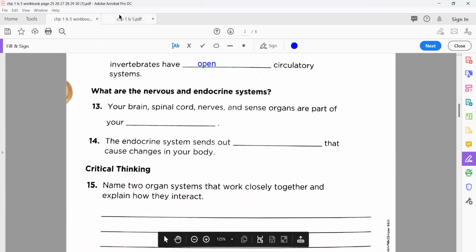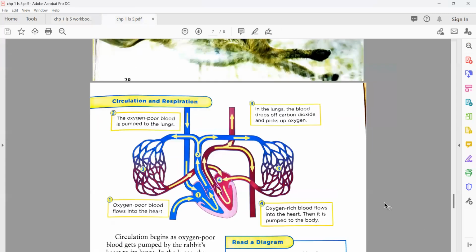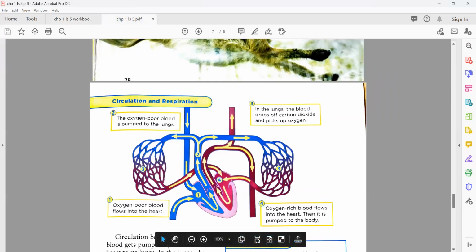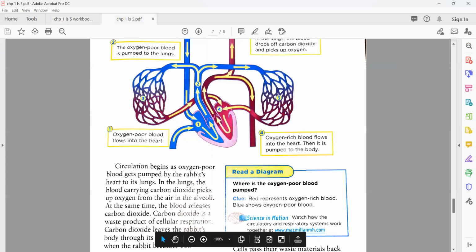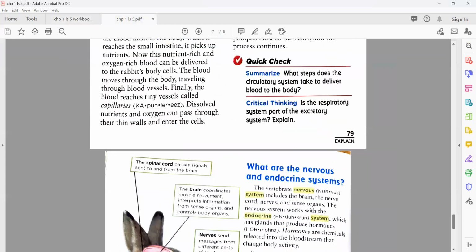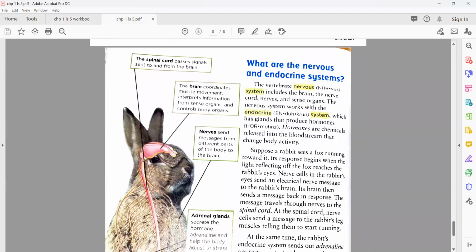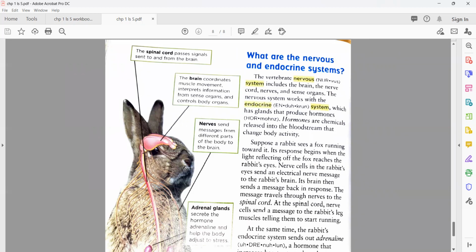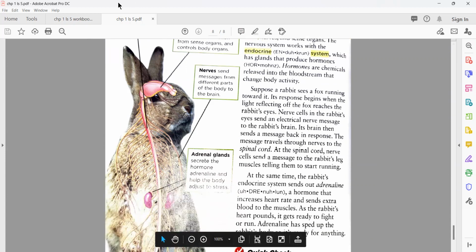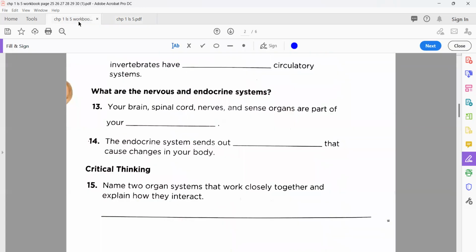Fine. Now almost the last part of the lesson. In the last we have a couple of systems remaining, which work to coordinate or give signals from one body part to another, or your senses work on them. We name them the nervous and endocrine system. So let's find the best option.